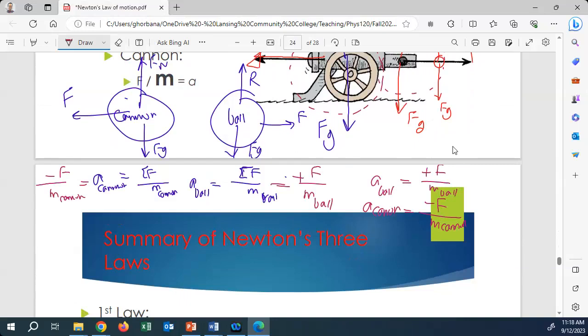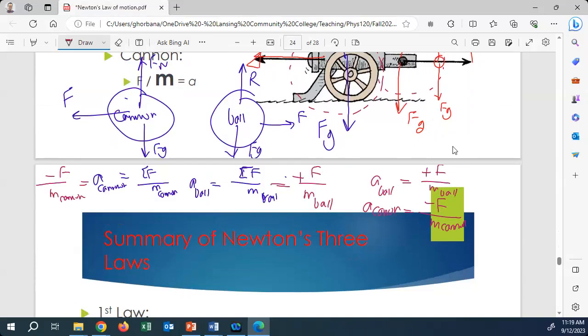So which one accelerates more? Perfect. On the top, we see the same force but in a different direction, with the same magnitude. On the bottom, mass of the ball and mass of the cannon.